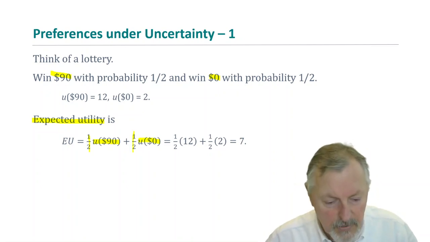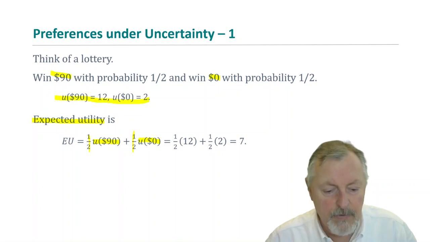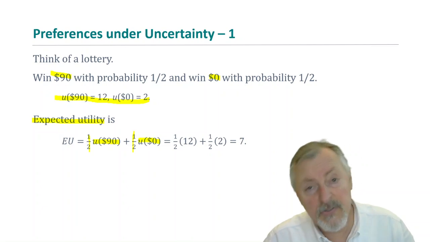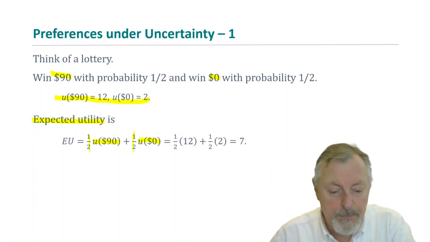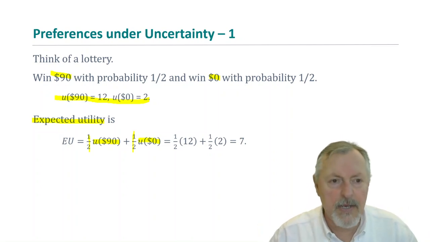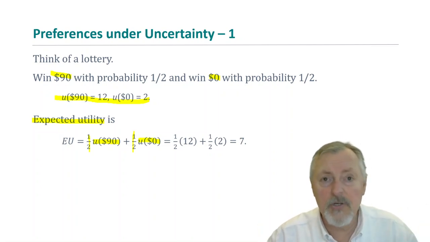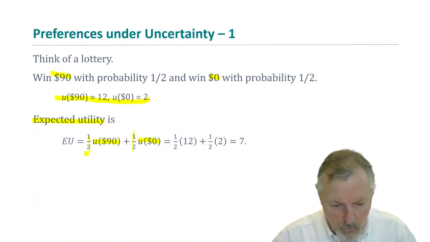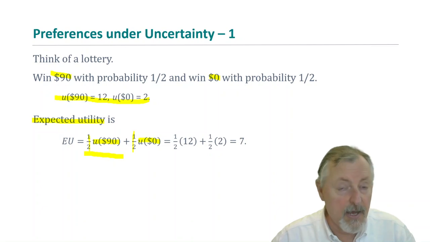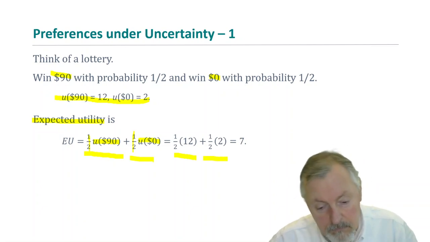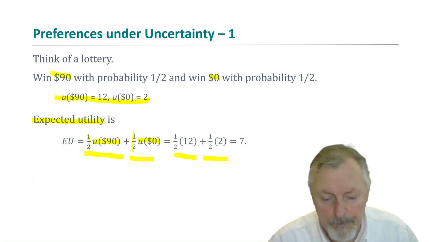Now, if your utility function is such that $90 gives you 12 happiness units and $0 gives you 2 happiness units, then your expected utility, your utility in a sense over this combination of uncertain futures, is 0.5 times the utility in that outcome plus 0.5, a 50% chance, of the utility in that outcome.